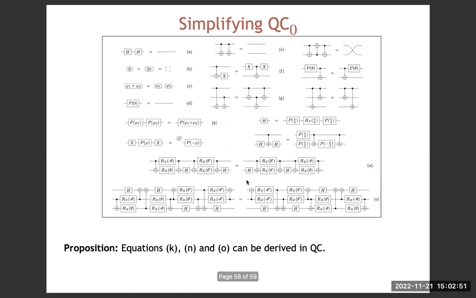So isn't N saying that a ZZ exponential commutes with an XX exponential? You first have a ZZ phase gadget, then you put a Hadamard, so you have an XX phase gadget, and then you commute these two. But then you also have this additional phase on top, and it looks like these phases have to be the same and opposite in these cases. So it's clearly a commutation property.